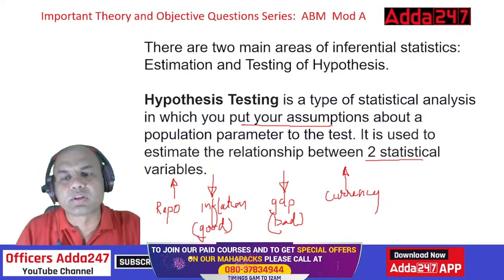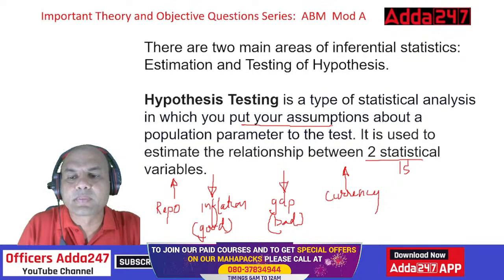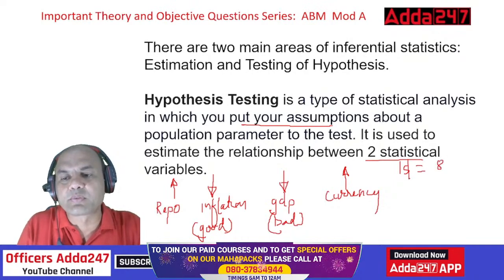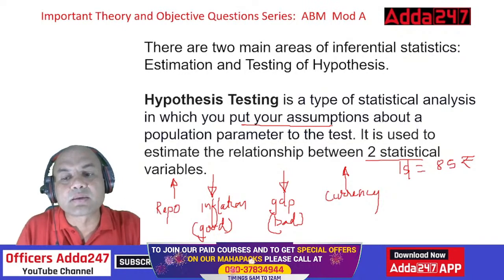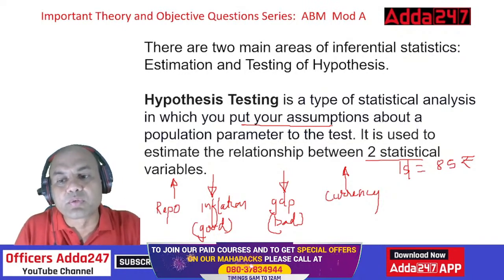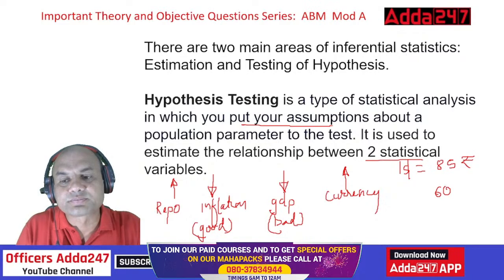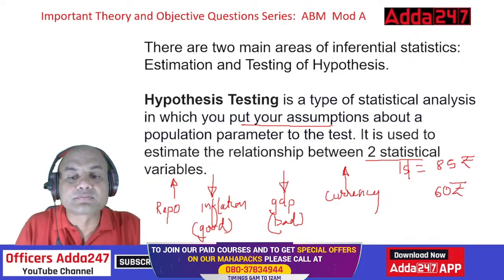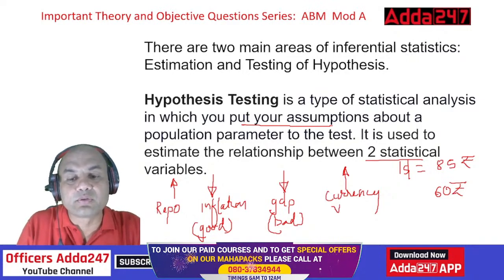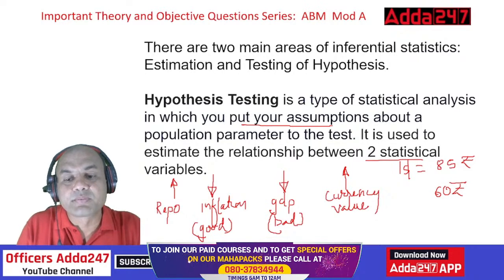The rate of $1 is roughly 85 rupees. If RBI increases the repo rate, this 85 rupees will go down to, let's say, 60 rupees. So the value of the currency goes up. That is good.